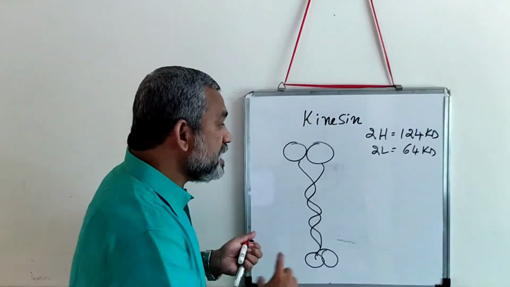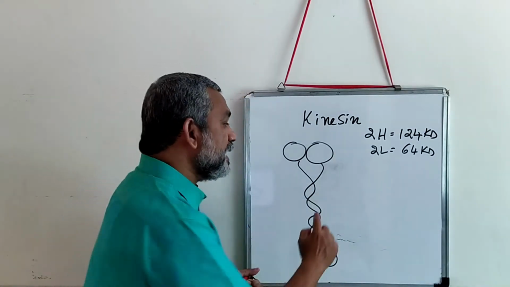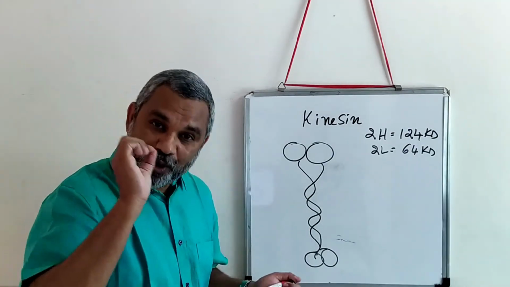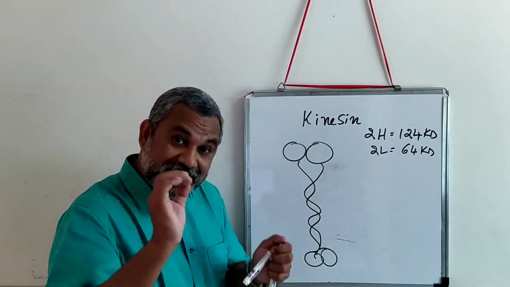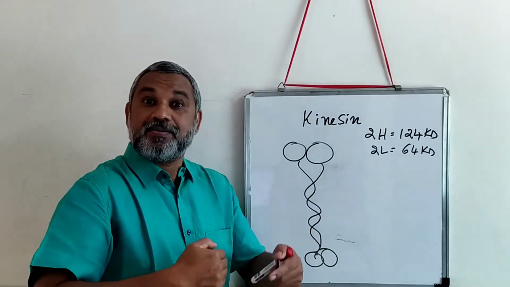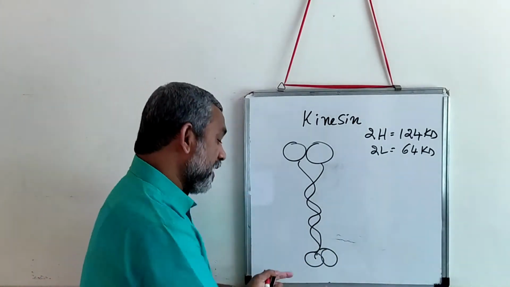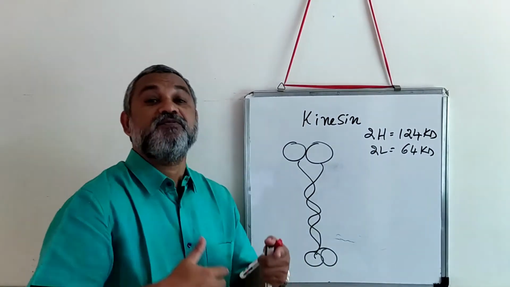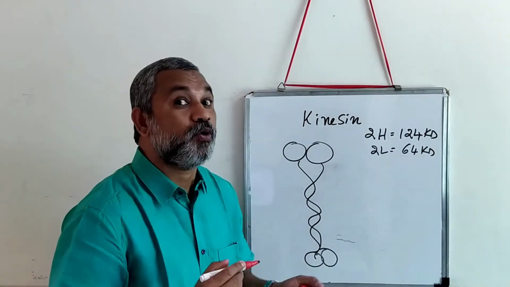What is very evident is it has a head region, a neck region, a hinge region, a coil 1, then a kink region, another coil 2, then a highly coiled coil structure, and finally a globular portion that is called the tail.